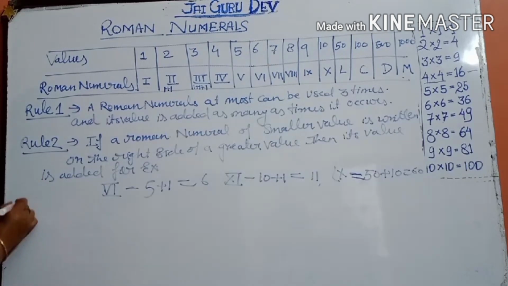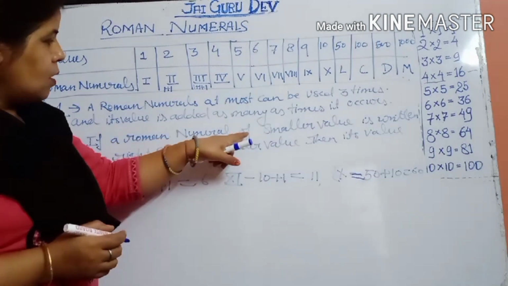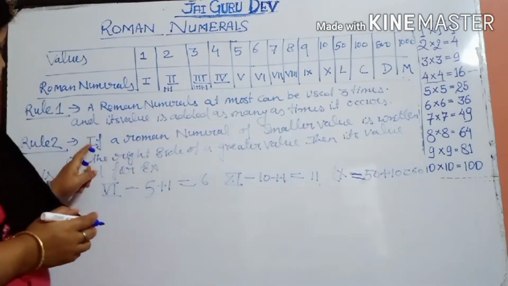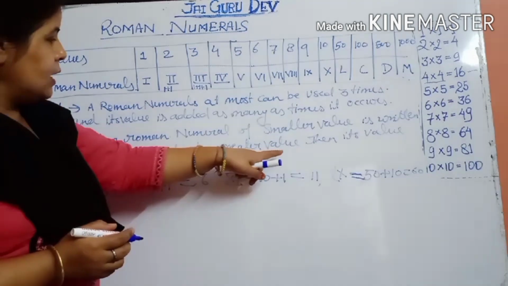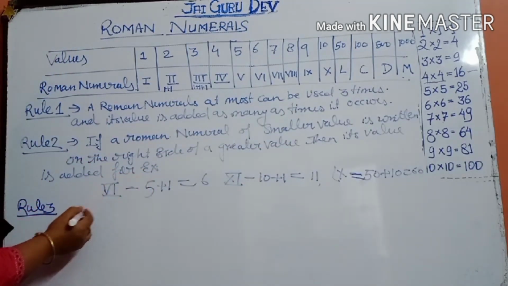Rule number 3. As we have written, if a Roman numeral of smaller value is written on the right side of a greater value, then its value is added. For example, we have taken just now, I explained.